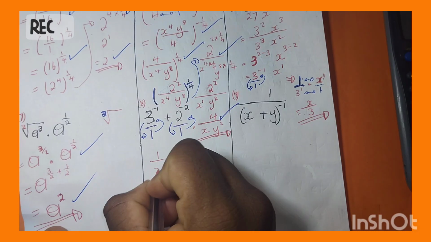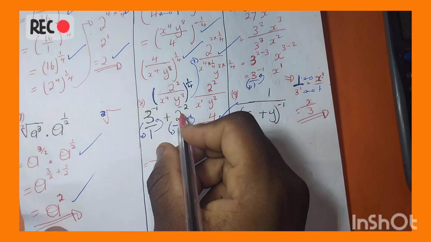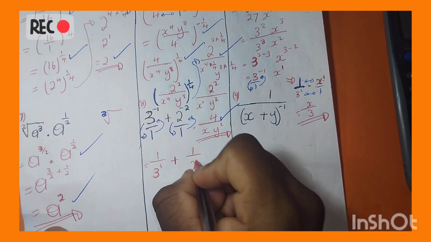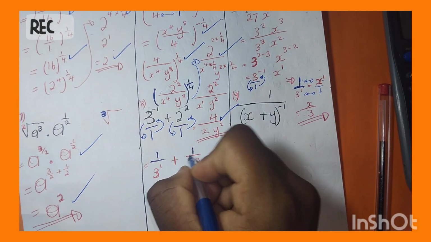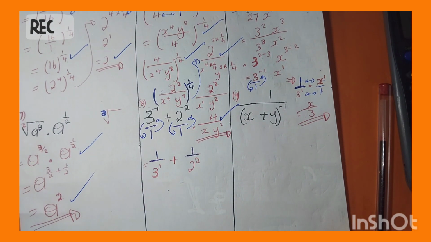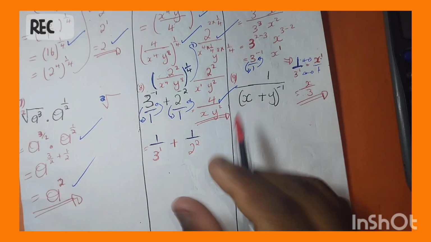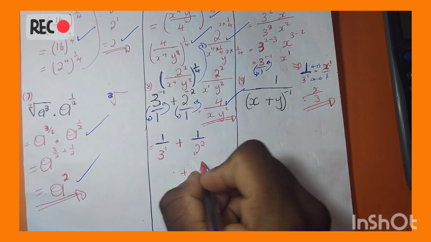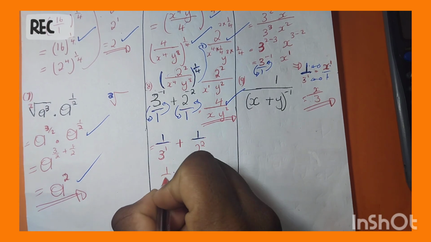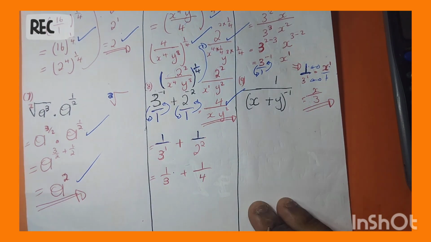This thing there will be 1 over 3^1, and that one there will be 1 over what? 2^2 there. What I have done there, guys, I have changed what? A negative exponent there to be positive. Do you see? Yeah. So this is the same as 1 over 3 plus 1 over 4.